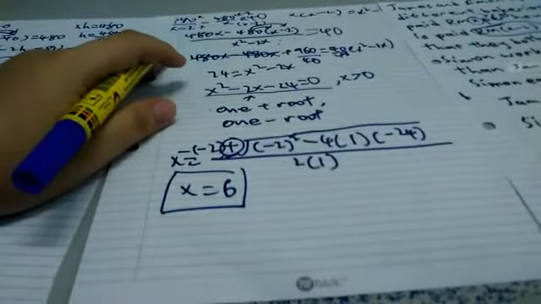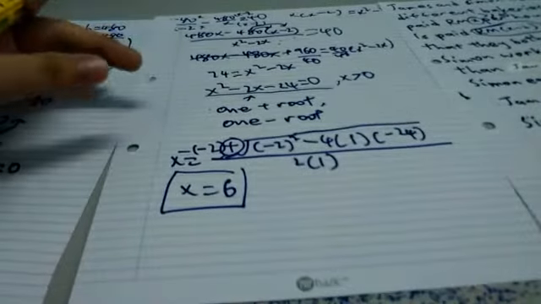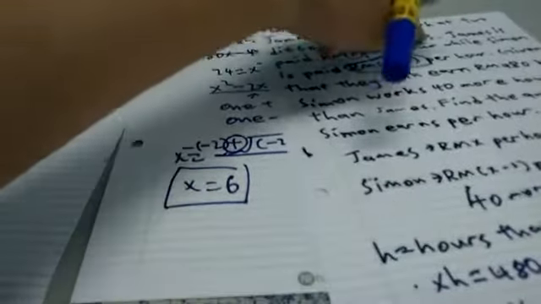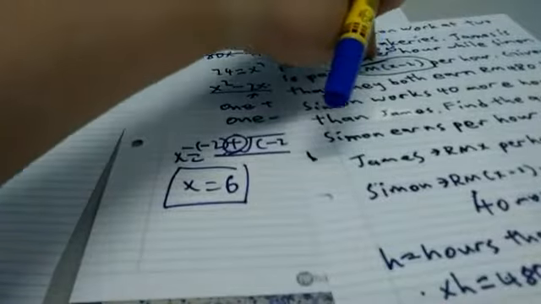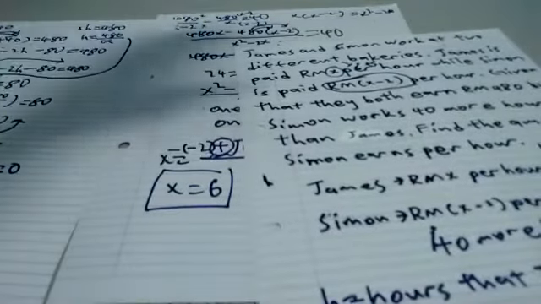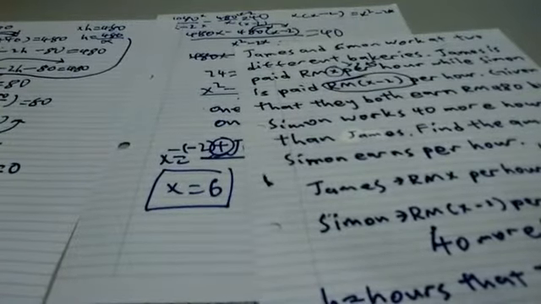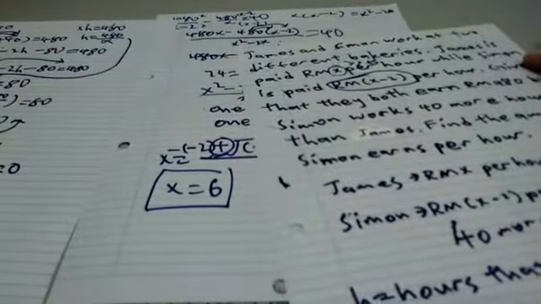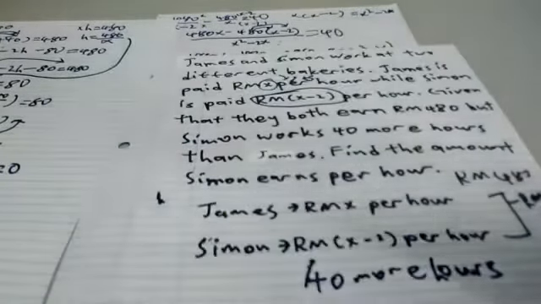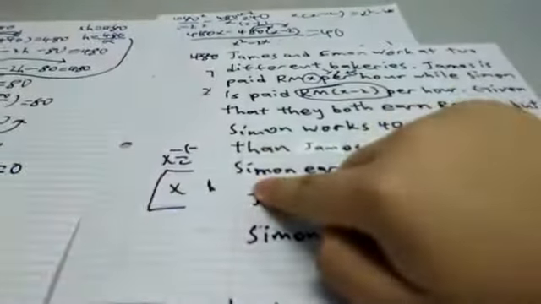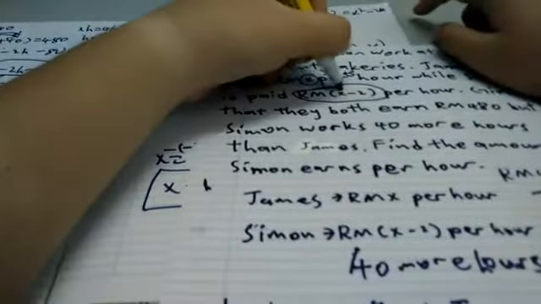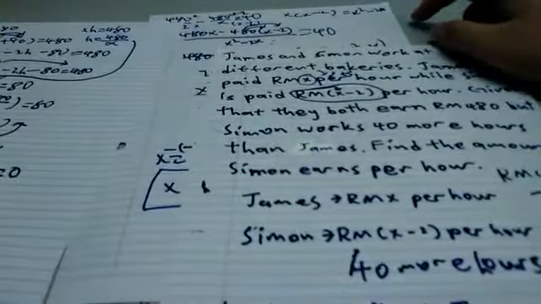But not yet, we have not solved this. I said that James earns RMx per hour, so if we substitute that, James earns RM6 per hour. But the question that we need to answer is to find the amount Simon earns per hour. So back to here, we substitute x is equal to 6, so 6 minus 2 is 4.